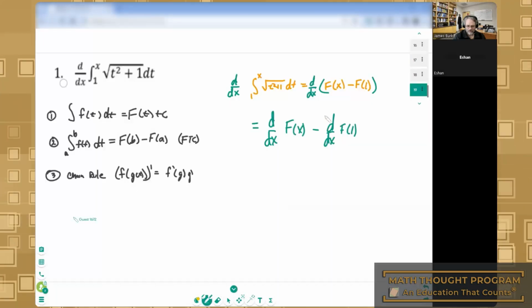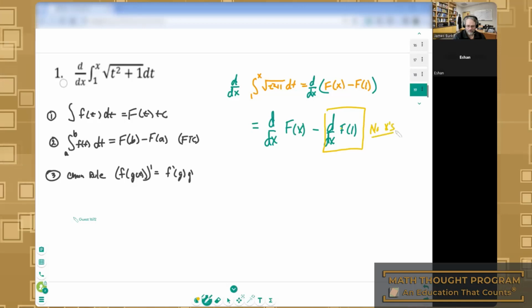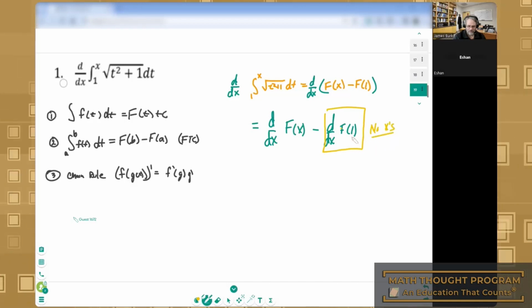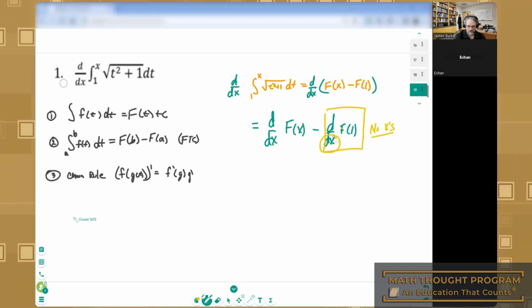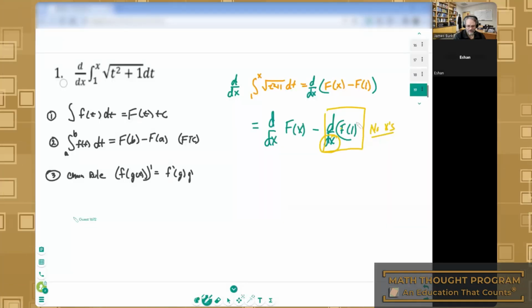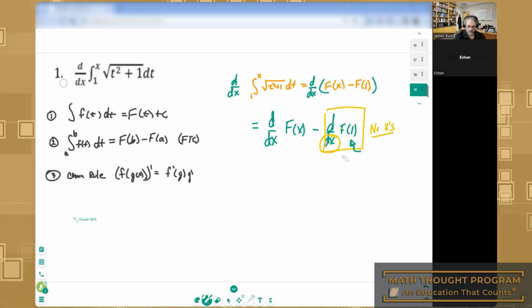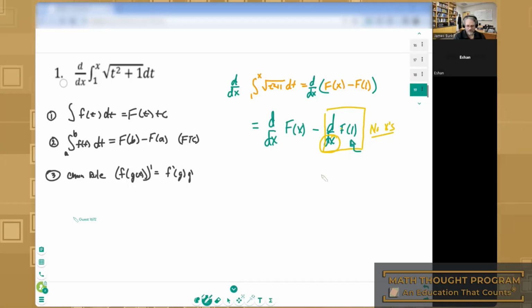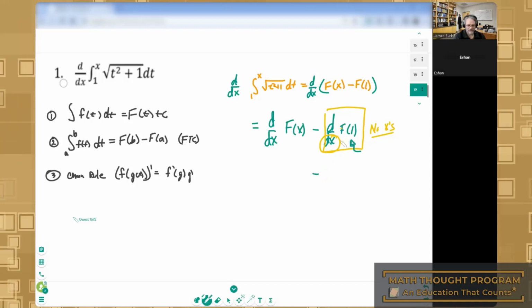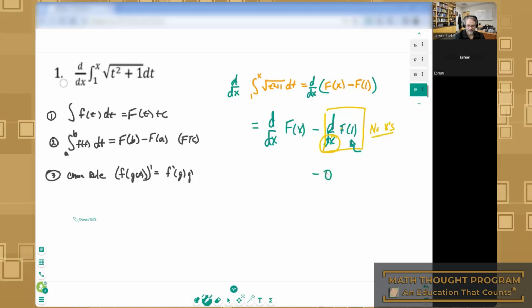Now, notice this. When I take the function and I evaluate it at 1, there are no x's here at all. So if there's no x's and things which are changing are x's, what does that mean then about this value? It's a constant. And the derivative measures rate of change. So how does a constant change? It doesn't. It doesn't. 0.